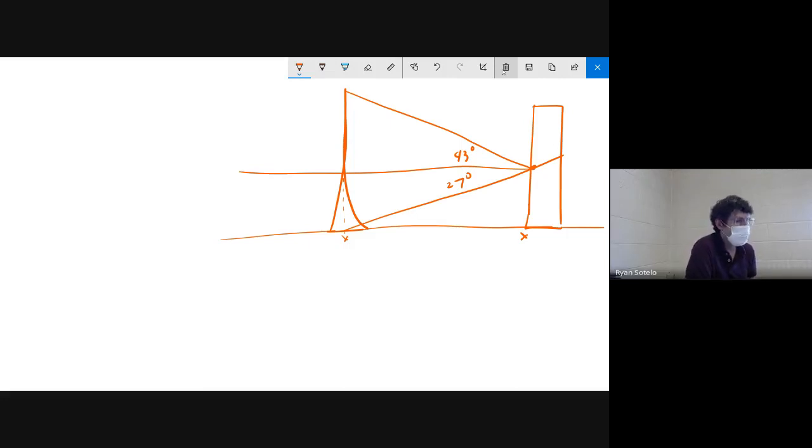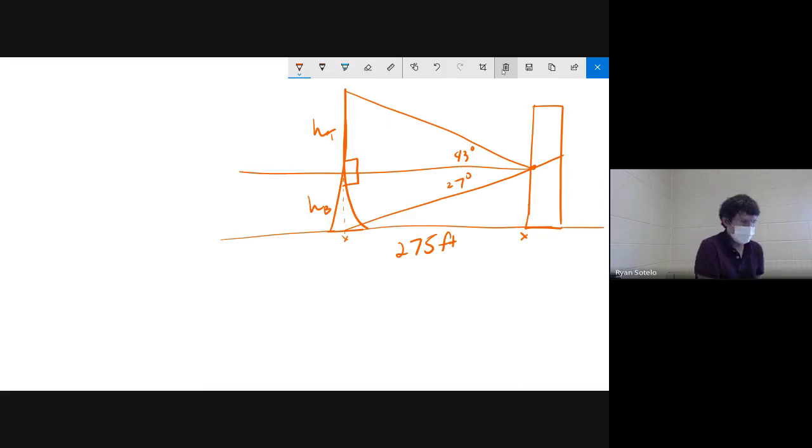So I've got 2 right triangles here, and I need to calculate the height to the top and the height to the bottom. So I'm going to set up 2 different triangles and solve them that way. Now they told me that the distance between the building and the tower is 275 feet.